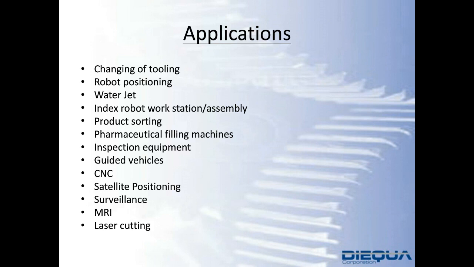The index table can be very diverse. You could see these in welding trunnions. You could see it in robot assembly stations, right? Pharmaceutical filling machines are often used on indexing machines. Say you have various syringes, various packages, various tests that they're carrying through.